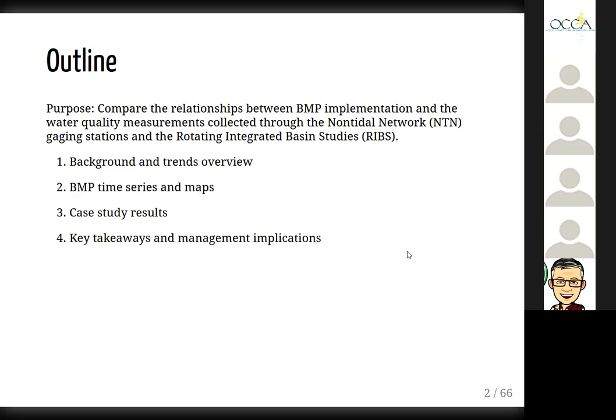So today we're going to go through some of the backgrounds and trends, and then we're going to go into some of the time series for the BMP implementations, and we'll show you quite a lot of maps today to show you some of the spatial distributions of them. And then we'll have some more focused case study examples, and then we'll go into the conclusions.